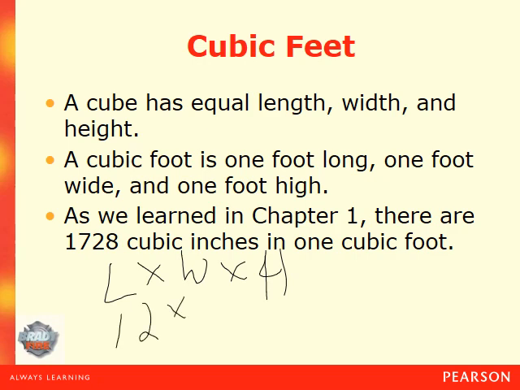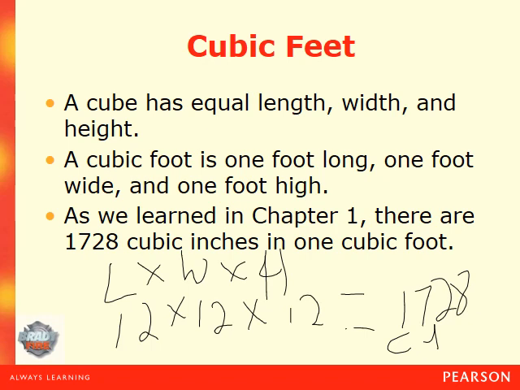So that's 12 times 12 times 12, our length, width, and height. And that is going to give us 1,728 cubic inches, CUIN.